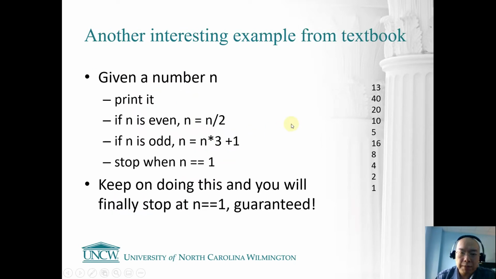Okay, and it seems that an indefinite loop is the way to go, because from 13, for example, we definitely have no idea how many rounds we are going to go until we can go down to 1.